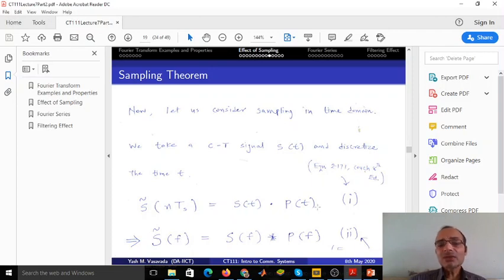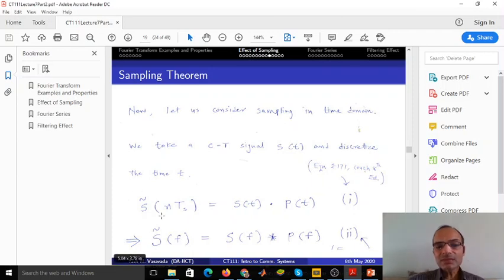And at all other values of t, this discretized time signal will be 0, because p of t is 0 there, and we are multiplying s of t with p of t. So this is a mathematical representation of the sampling operation in the time domain.